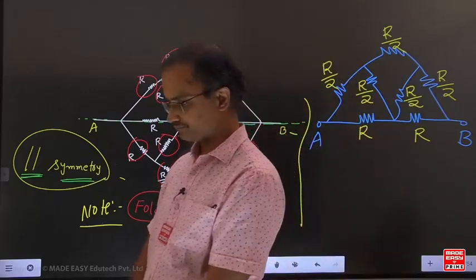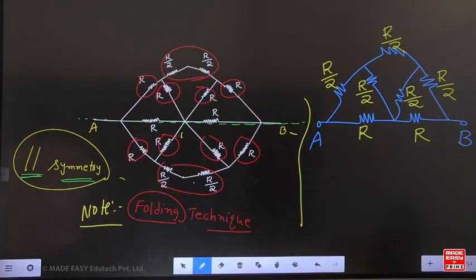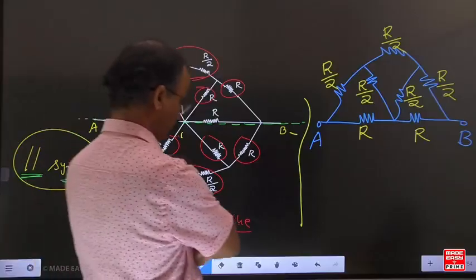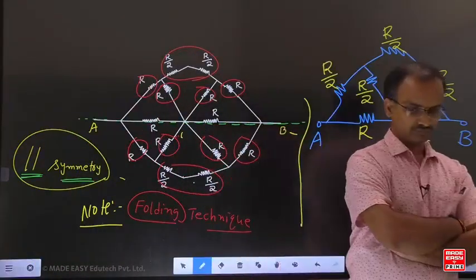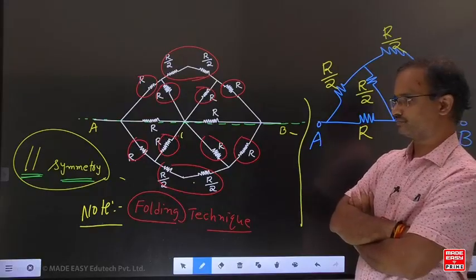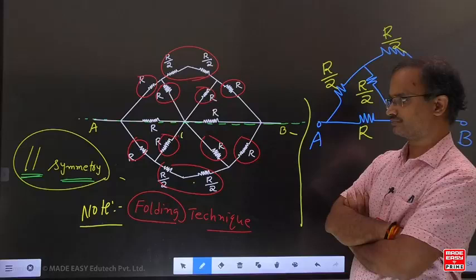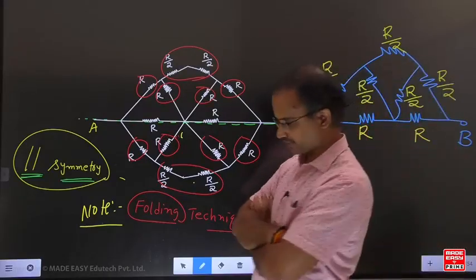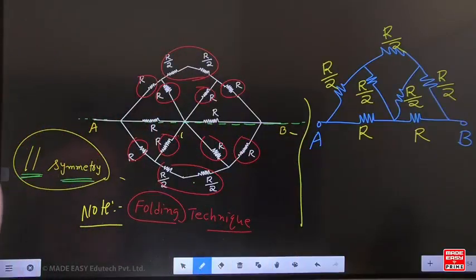And the dotted line is also indicated along the x-axis. With respect to the dotted line, the network is symmetric. In the brackets write parallel symmetry.